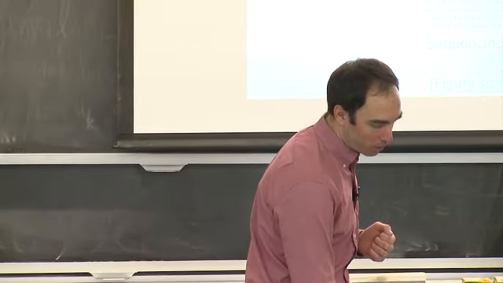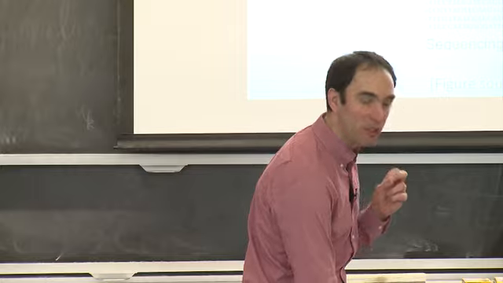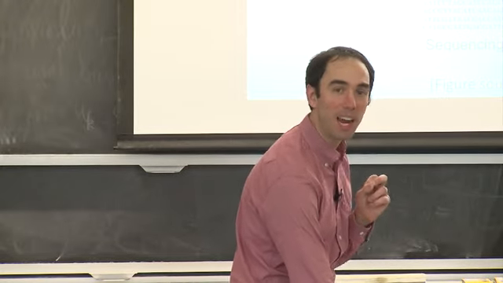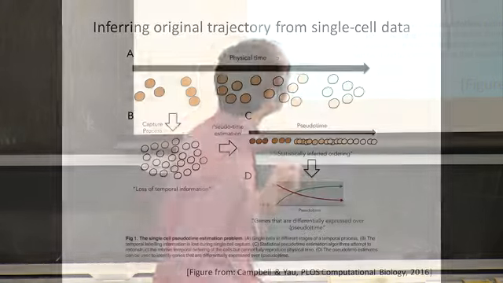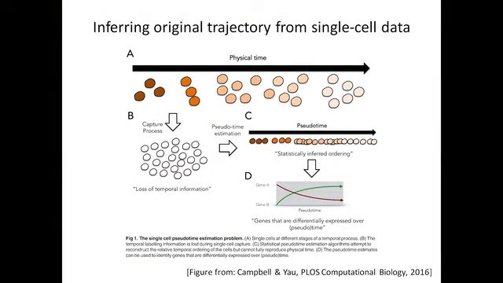Now, the goal of these pseudo-time algorithms is to take that type of data and then to attempt to align cells to some trajectory. So if you look at the very top of this figure, figure A, that's the picture that you should have in your mind. In the real world, cells are evolving with time.